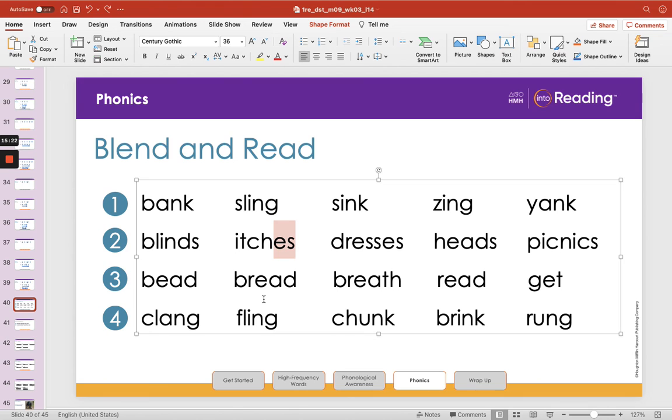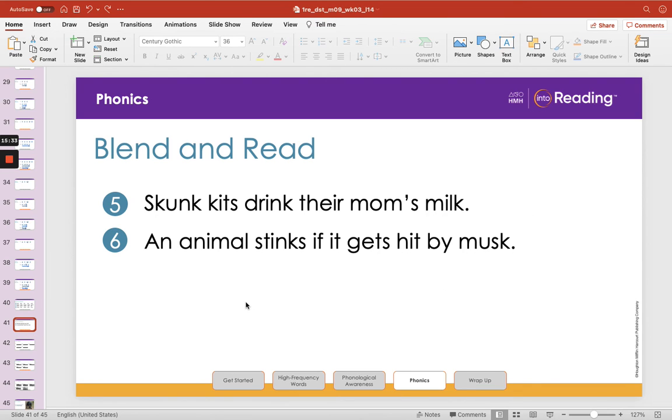That's very, very important. We don't want to leave off the s or the es in words. They change the meaning of the word. You also have 2 sentences I want you to practice reading. Get really, really good at them. And then you have a Start Right Reader assigned to you through HMH.